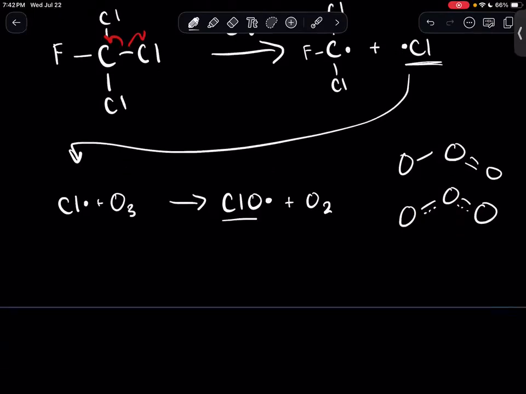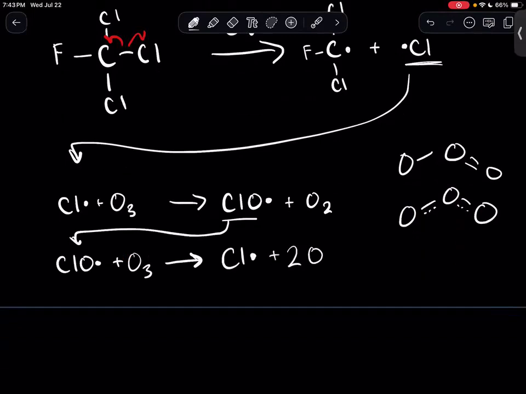Now, this ClO radical will continue with its own little bit of mischief. Because it's a radical, it's very reactive. It will react with maybe another neighboring ozone, creating now a Cl radical and two oxygens. What you'll notice is that we end up creating more chlorine radicals, which can start this process all over again.